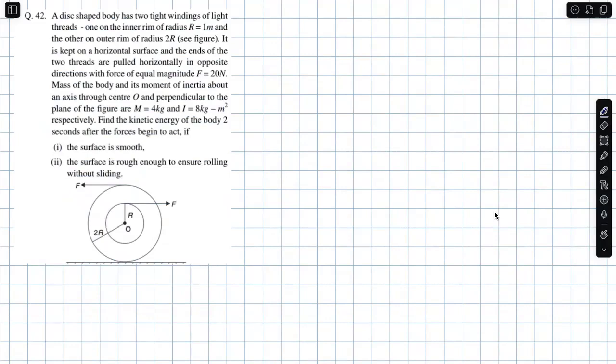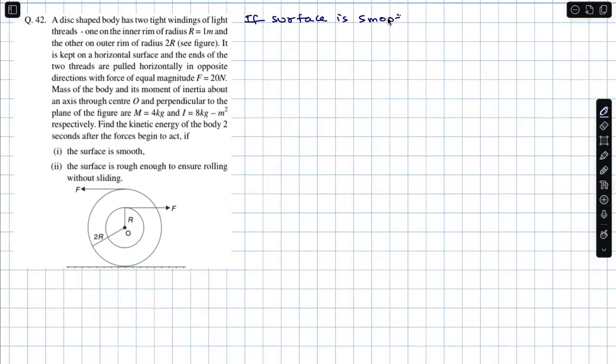First, if the surface is smooth. See, if the surface is smooth, what will happen? Net force is 0. So ACM is 0.